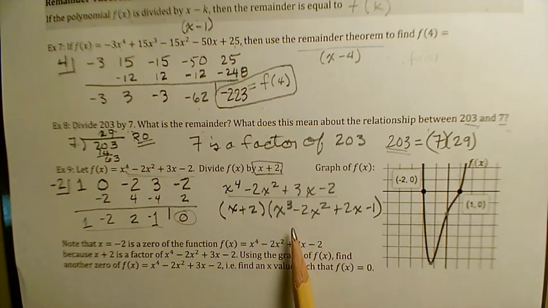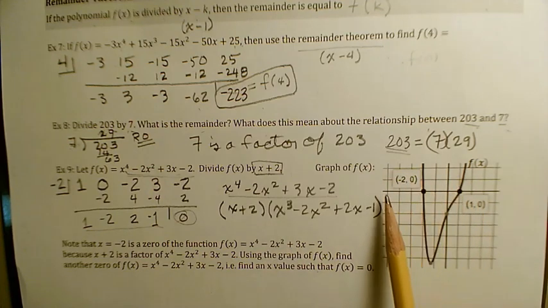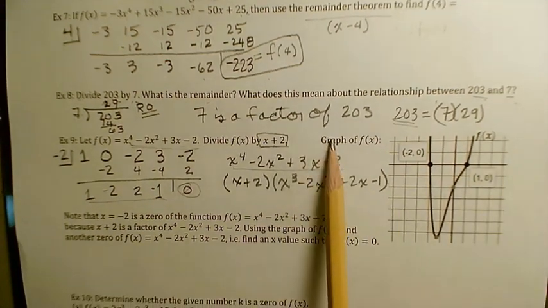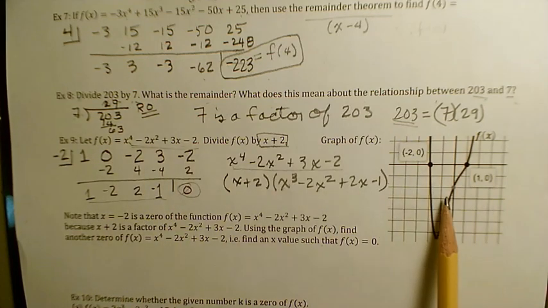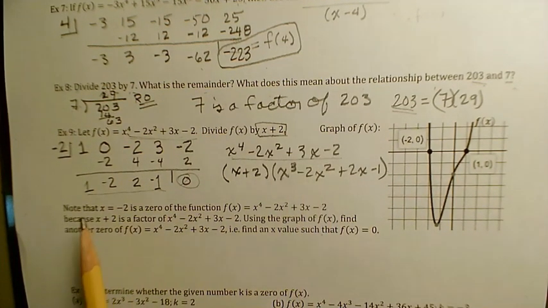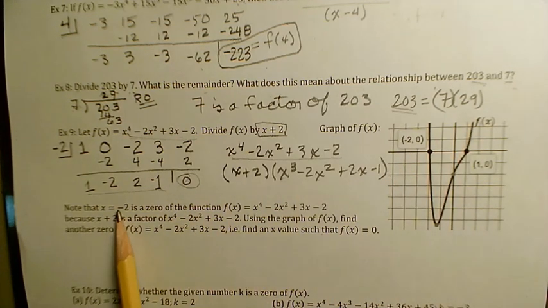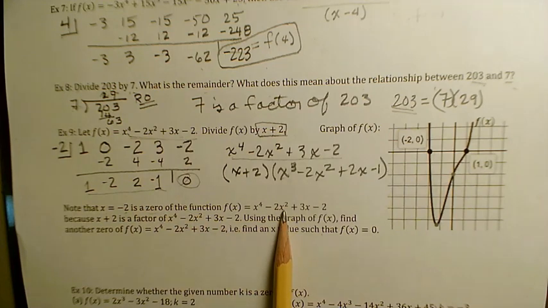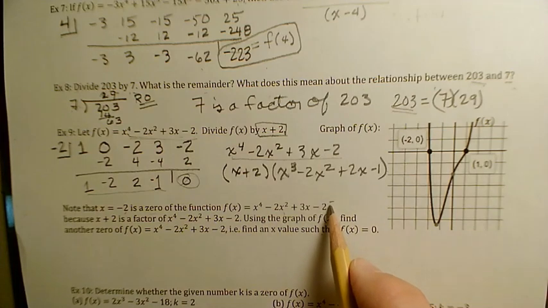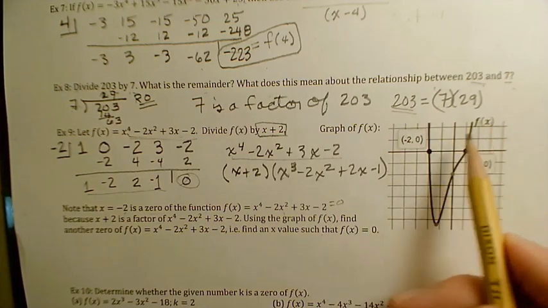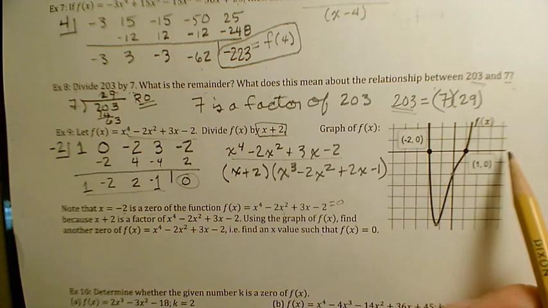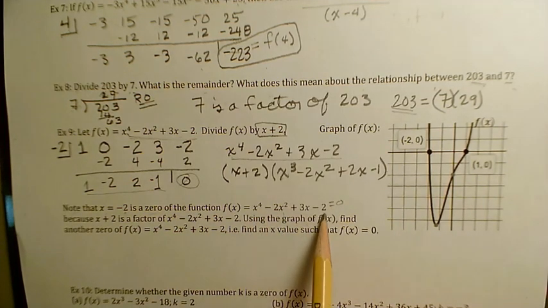Now, what we've done here is we have graphed this function, and it's over here. And so let's think about this. Note that in this graph, x equals -2 is a 0 of that function. A 0 is just, if I set this function equal to 0, I could graph it, and where it crosses the x-axis are going to be my solutions to this equation.